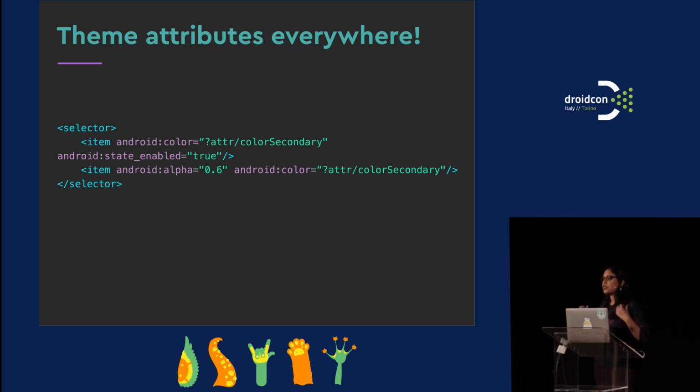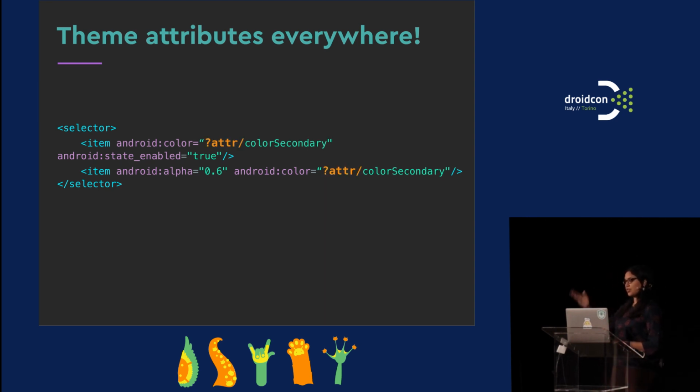And I'm able to reference these theme attributes by using this ?attr syntax, which looks up the theme attribute in the current context. And this could be defined in your app theme, your activity theme, in the view hierarchy. This will look up the correct color secondary for you.